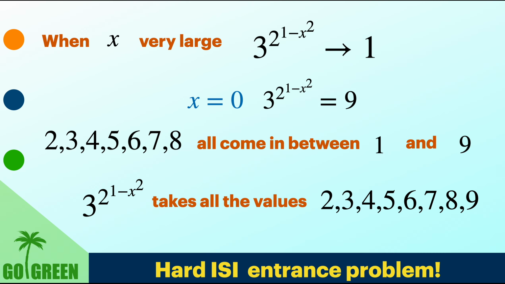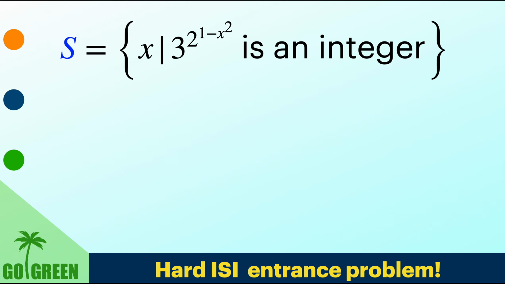Okay, fine. So another question which we'll ask here is this. Actually, this is the original question which was asked in the exam. You collect all those points, so basically we are constructing a set S. How is it constructed? S contains all the numbers x for which this expression is an integer.